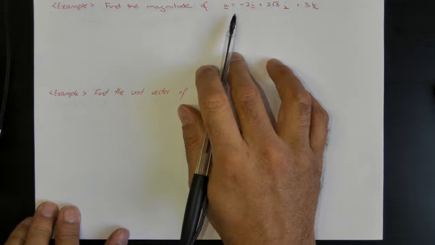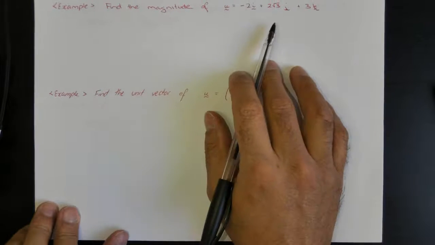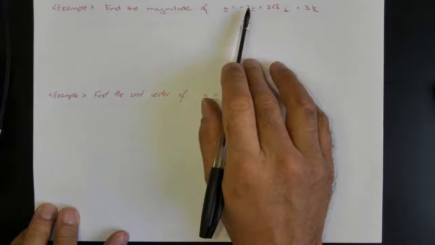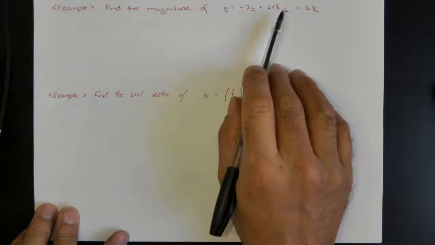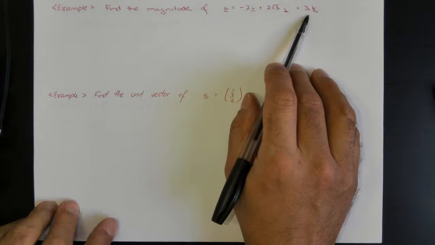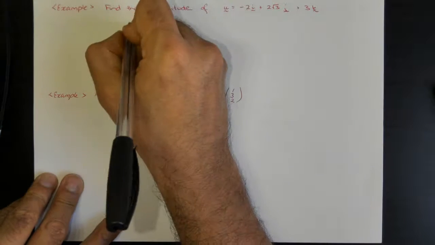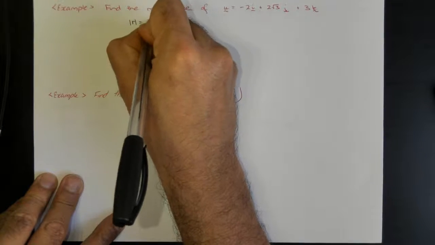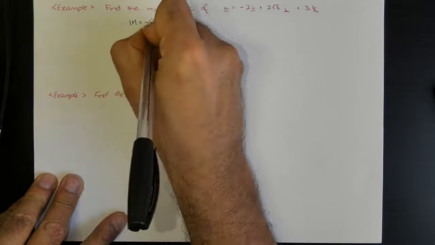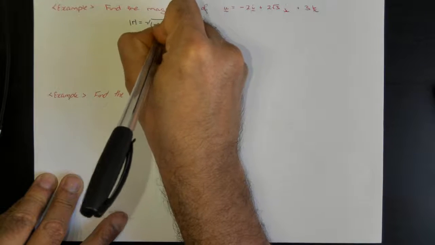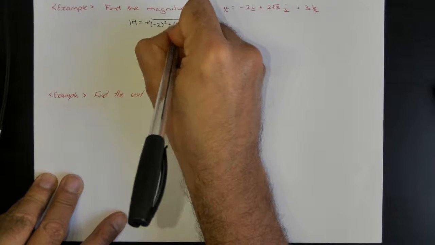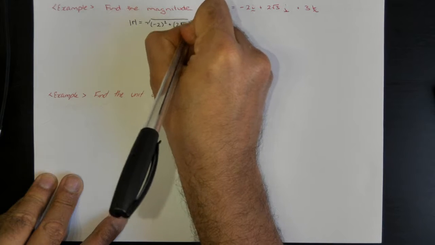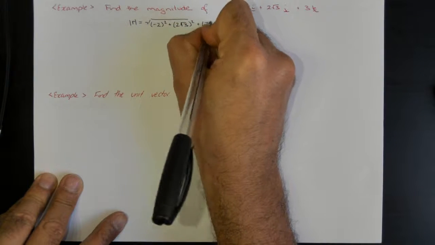We want to find the magnitude of this vector, which is negative 2 in the i component, 2 root 3 in the j component, and 3 in the k component. So the magnitude of this vector is negative 2 squared plus 2 root 3 squared plus 3 squared.